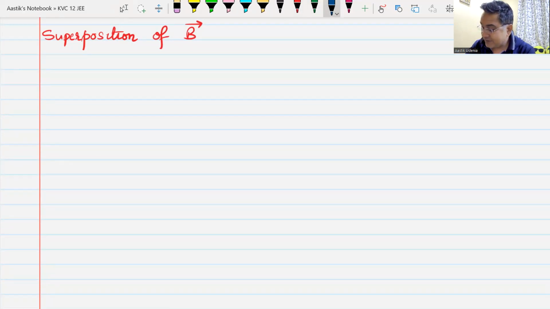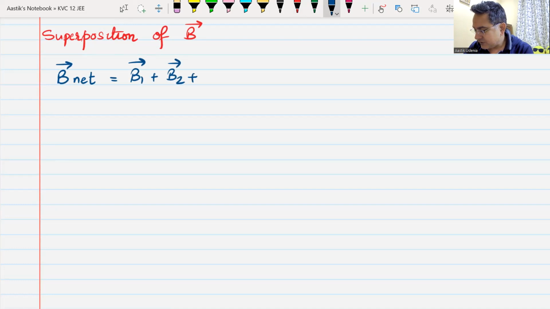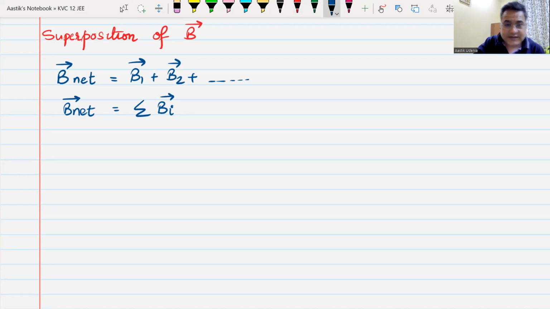If you have magnetic field due to more than one wire, what will be the net magnetic field? The net magnetic field will be B1 plus B2 plus B3 and so on. You just need to add them vectorially. So basically I can write it as summation of Bi. The net magnetic field at any point in space due to more than one wire is nothing but summation of Bi. That's simple as that. I hope you understand this.